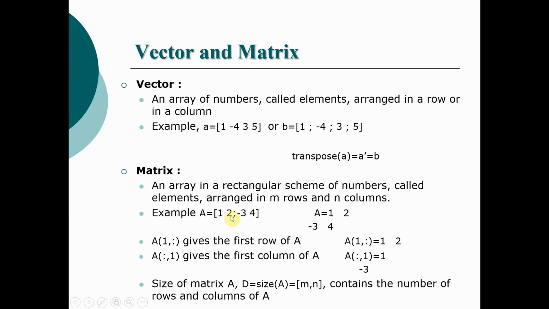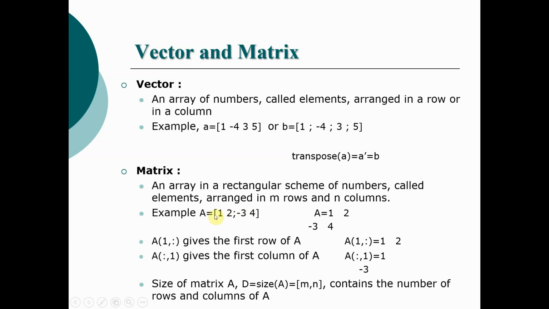If you want to have access to elements of a matrix in MATLAB, you need to provide the index of the row and the index of the column of that element in the matrix. Remember that in MATLAB, indices start from 1, unlike C++ or other languages where the index starts from 0. For example, if I want to extract number -3 from this matrix, this number is in the second row and the first column.